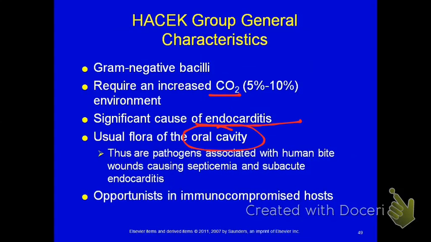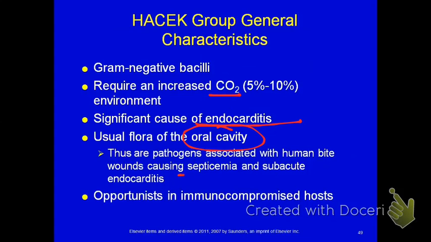How weird is that? Okay? So, it means that if you have HACEK in your oral cavity and you bite someone, your bite could cause the death of that person, particularly if that person is immunocompromised, because the bacteria from your oral cavity would go to your circulatory system.